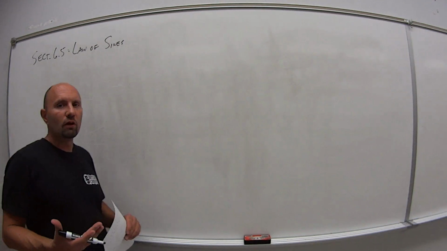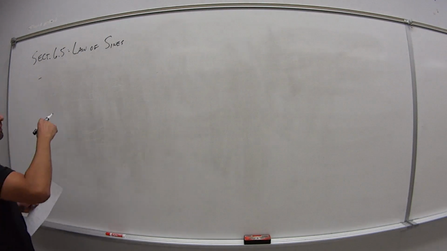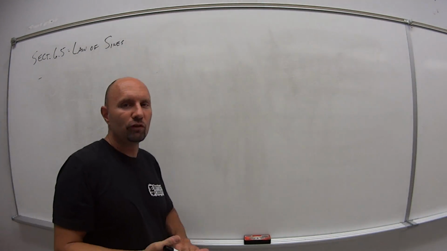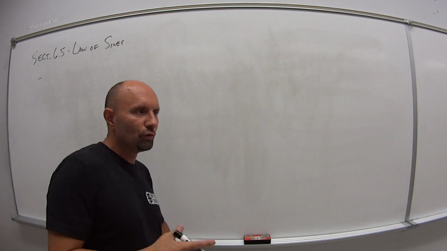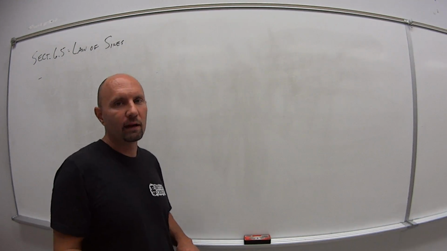So when do we use law of sines? Well, it's the following. Up until now, the triangles we've been dealing with and using the trig functions, trig ratios, inverse ratios, things like that, have all been right triangles.